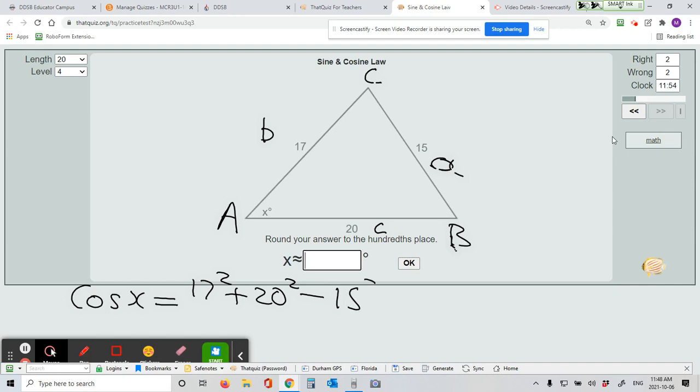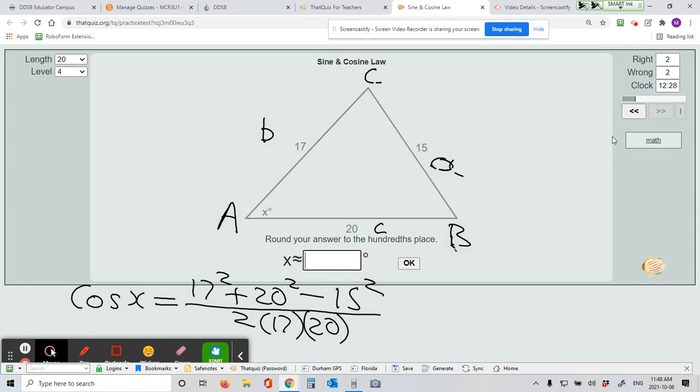And all of these on top are squared. And all of that is over 2 times these two sides. 2 times 17 times 20. Not squared anymore, just 2 times 17 times 20.